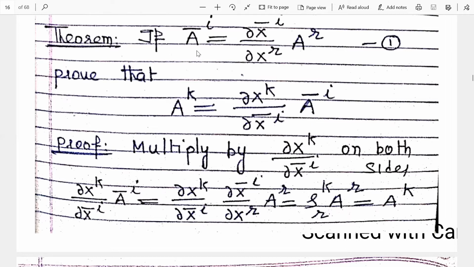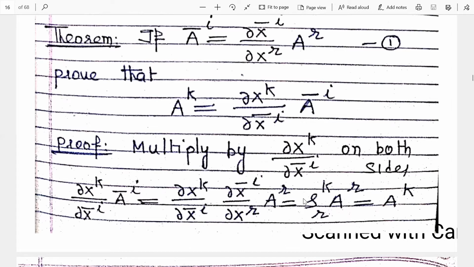Now here we know A bar i, right? To find this product, we multiply this term on both sides of equation number 1. So when we multiply this term, the left hand side becomes this value, and the right hand side becomes ∂x^k/∂x̄^i, ∂x̄^i/∂x^r into A^r. So these ∂x̄ cancel each other.